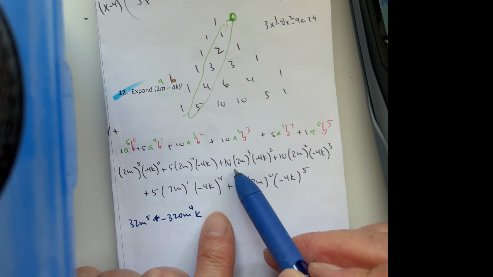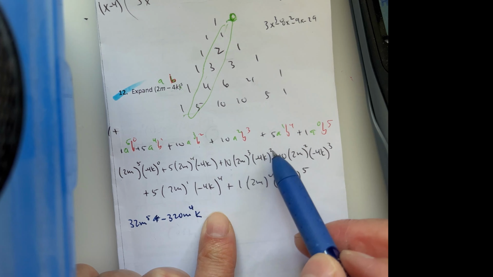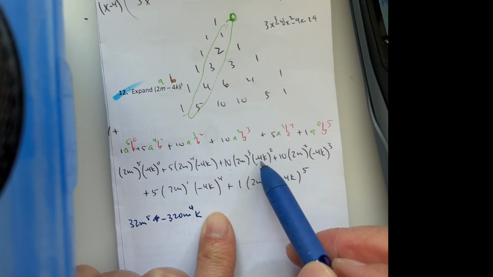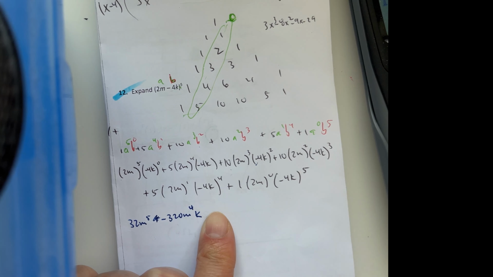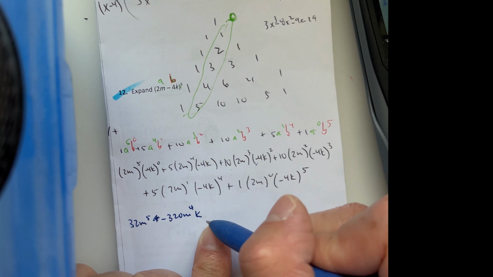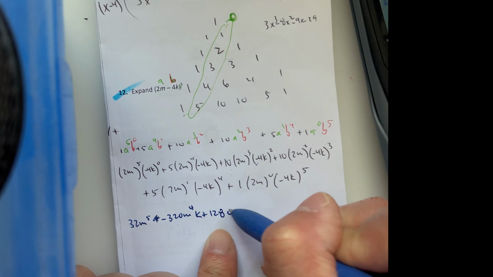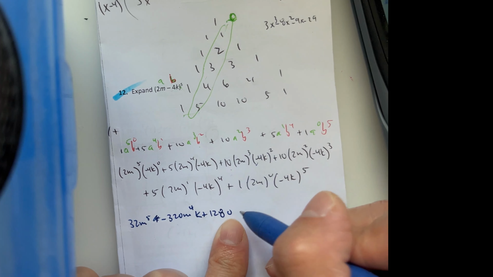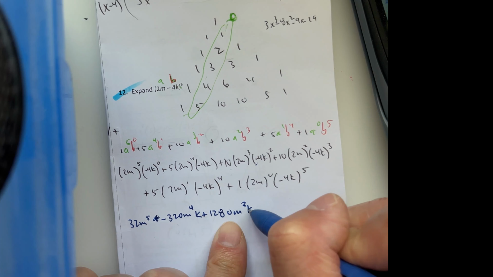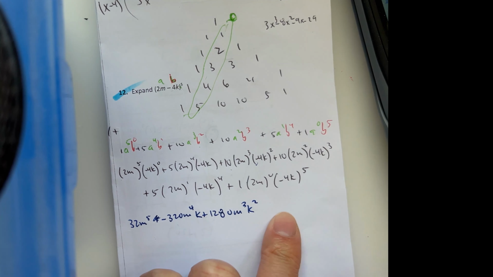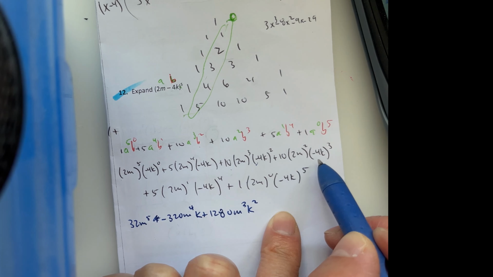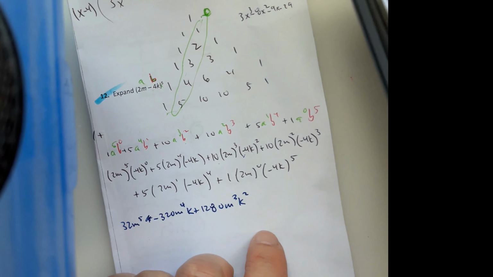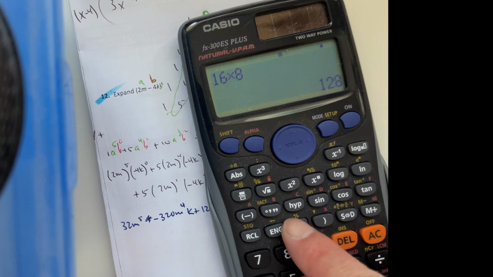Okay, now we're going to do this one. So that'll be negative 4 squared is 16. 16 times 8. And then multiply by that 10, I get 1280. This is going to be m to the 3rd k squared. Okay, this is negative 4 to the 3rd power. This is where it gets a little bit tricky.